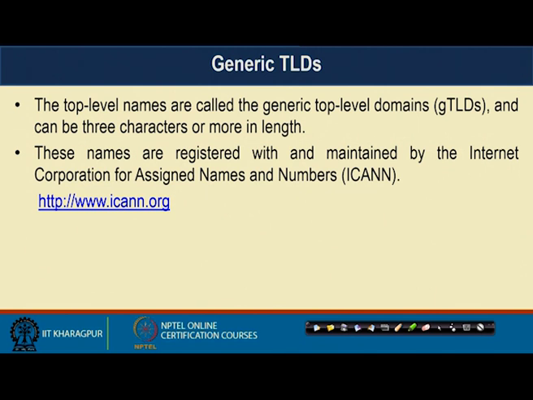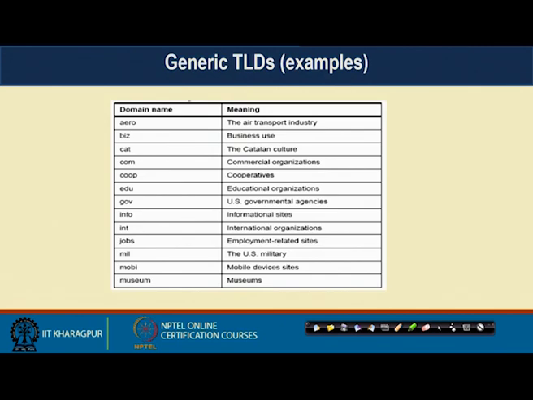So, these are top level domains of 3 or more characters, defined by ICANN. Now, these are some examples of top level domains, like arpa, biz, etc., that is minimum 3 characters. There is even a top level domain called museum, which is much longer than that.